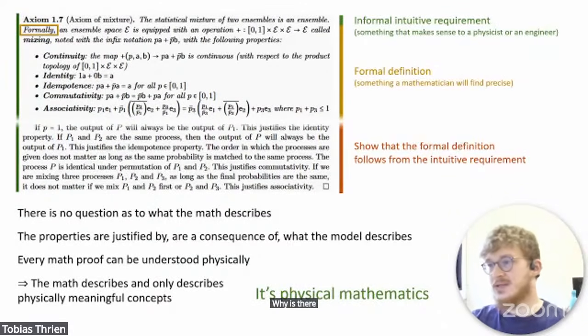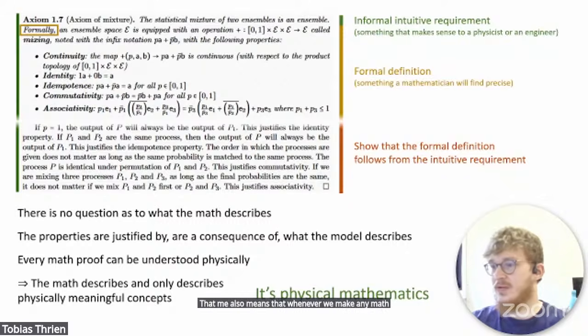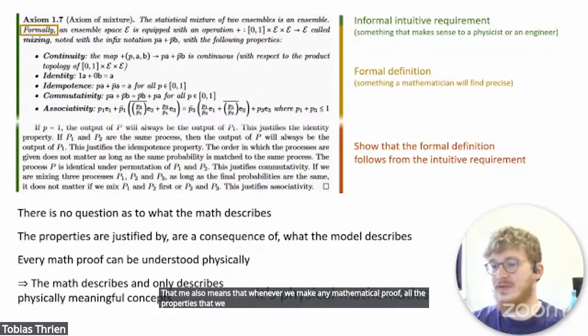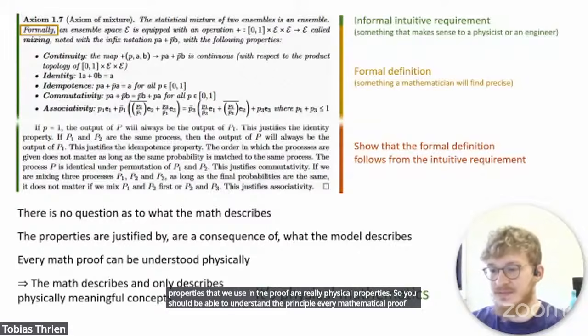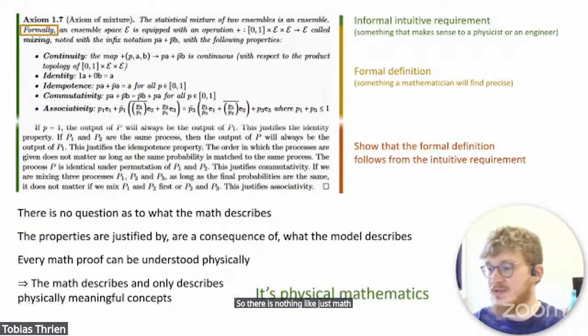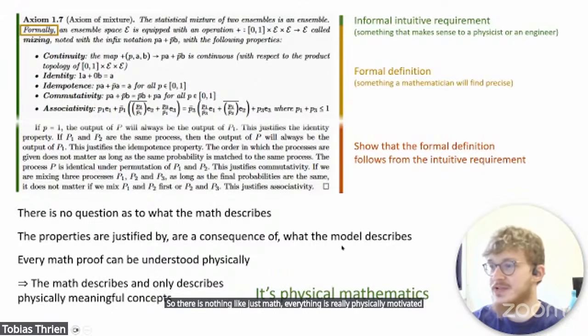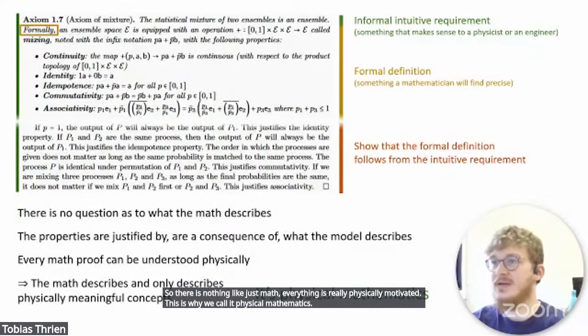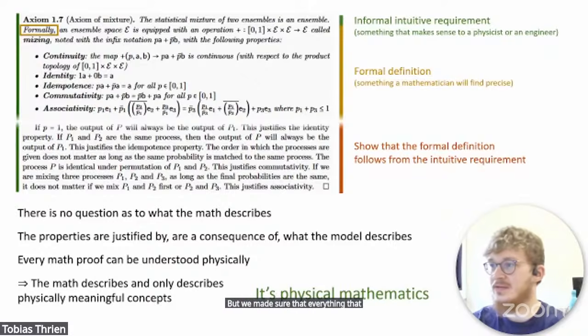That also means that whenever we make any mathematical proof, all the properties that we use in that proof are really physical properties. So you should be able to understand the principle of every mathematical proof in physical terms. So there is nothing like just math. Everything is really physically motivated. This is why we call it physical mathematics. It's still mathematics, but we made sure that everything that appears has a specific physical meaning.